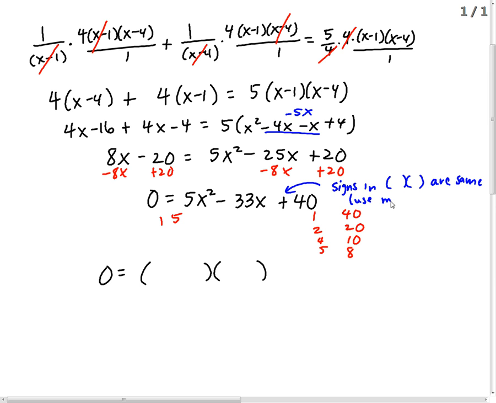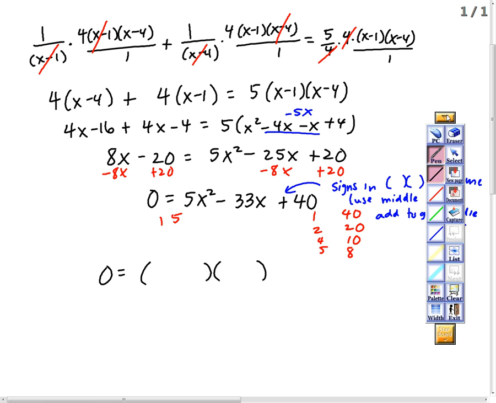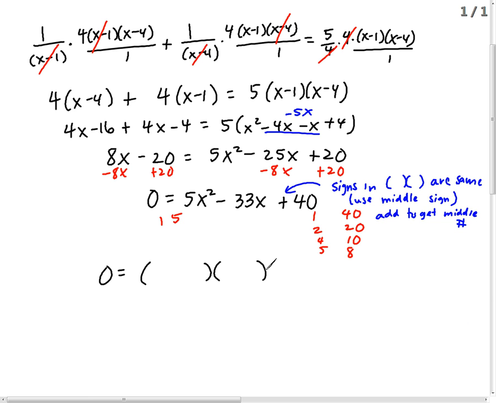We use the middle sign, so in this case it'll be a minus. It also tells you we add to get the middle number. So I'm going to have a 1x and a 5x because that's all my options here. Need something that adds up to 33, so they're both minuses.